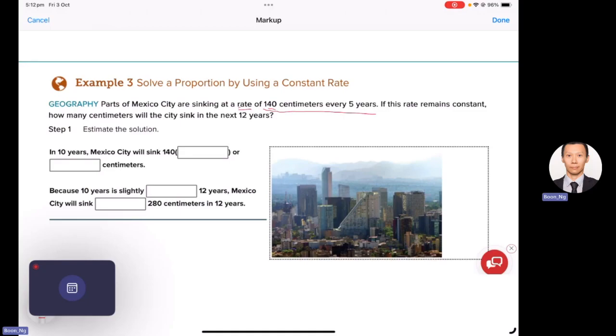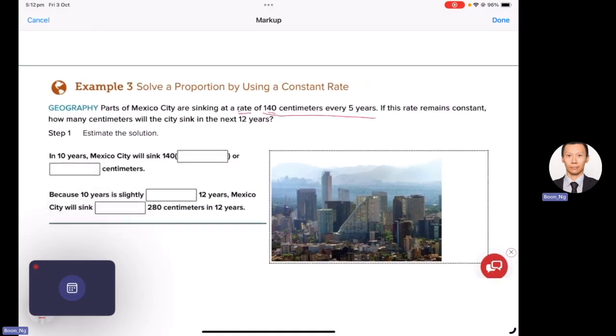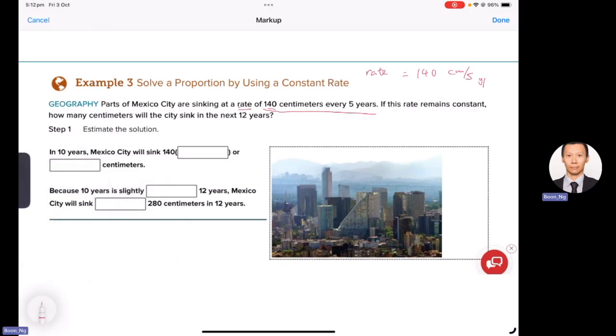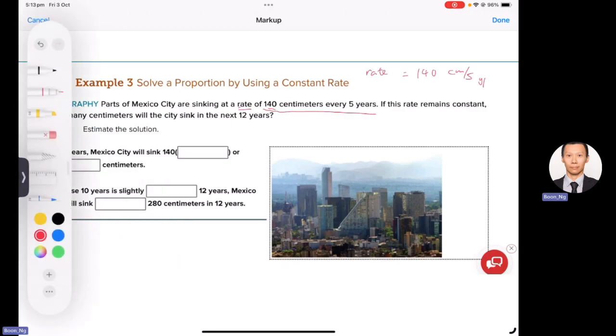Let's translate this into an equation. So the rate is 140 cm per 5 years.